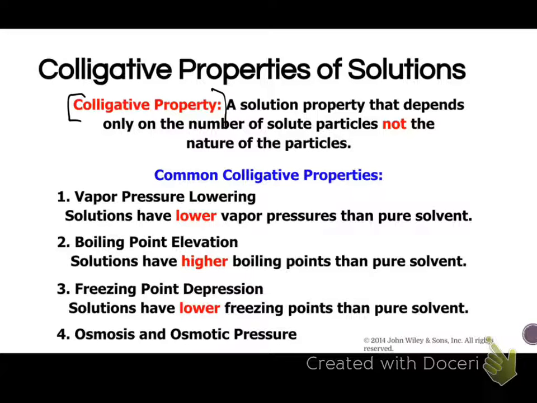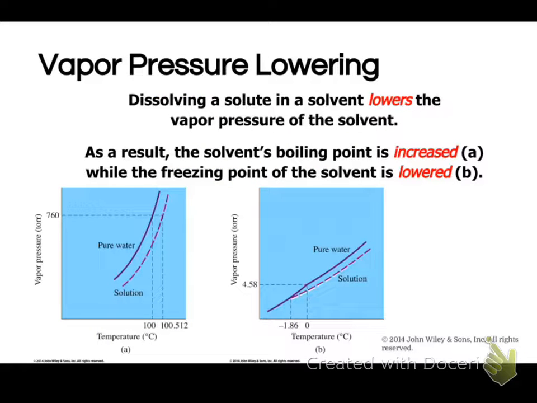So the 4 colligative properties we're going to look at are called vapor pressure lowering, boiling point elevation, freezing point depression, and osmotic pressure.